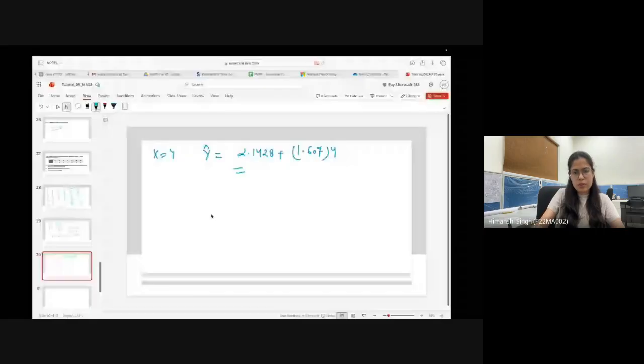It is 2.1428 plus 1.607 into 4. So it is 8.5708 for x equal to 4.